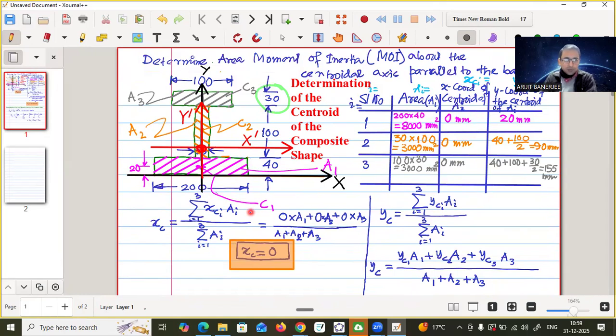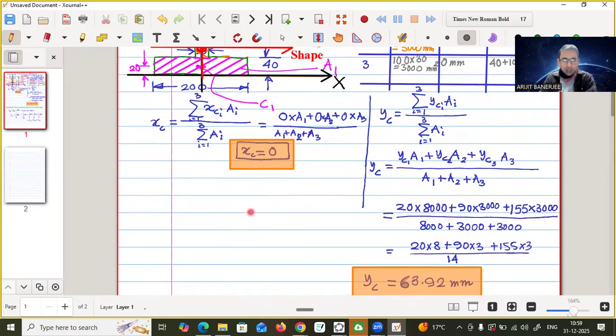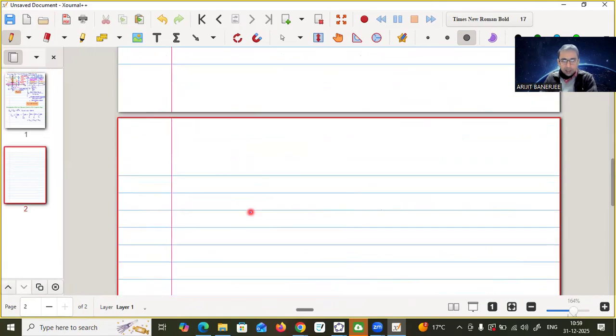Let me do it in a different diagram. You see that we will draw the two axes. First, we will draw the black axis.